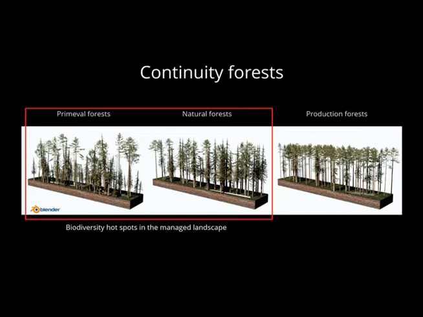You will find them in these natural forests. And if you find a patch of primeval forests, obviously you will find higher biodiversity there of these rarer species. So now we know what we're talking about.